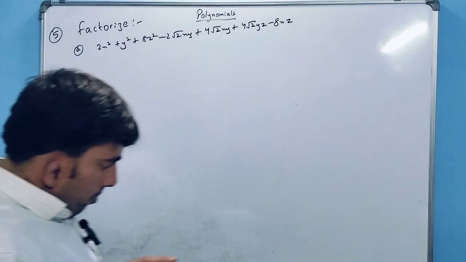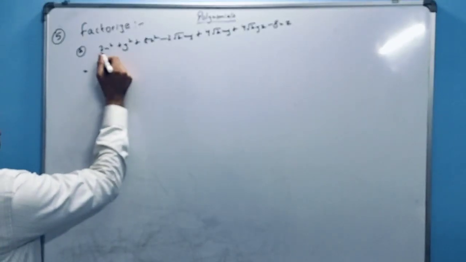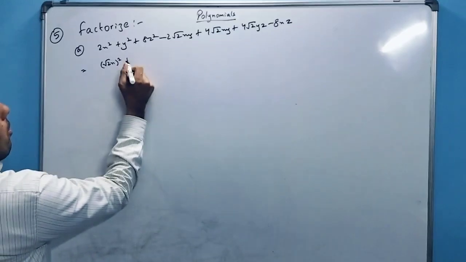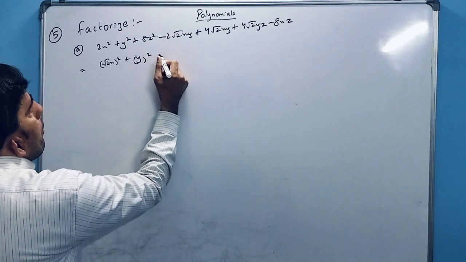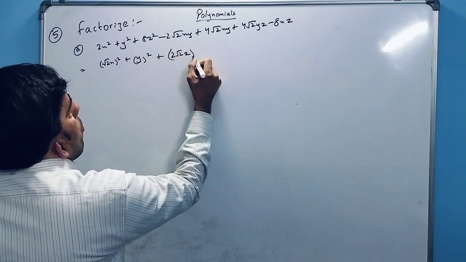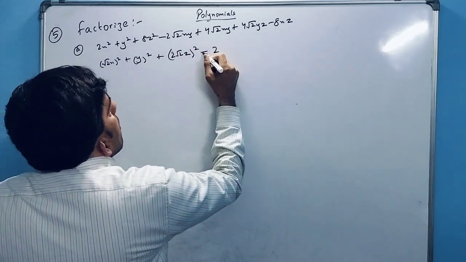Now we will see how we are able to solve it. You can write 2x square as (root 2 x) square, plus y square plus (2 root 2 z) whole square.